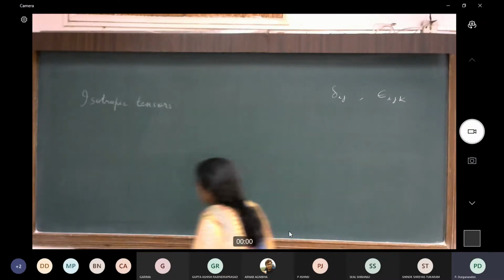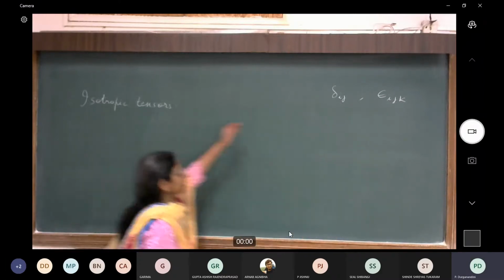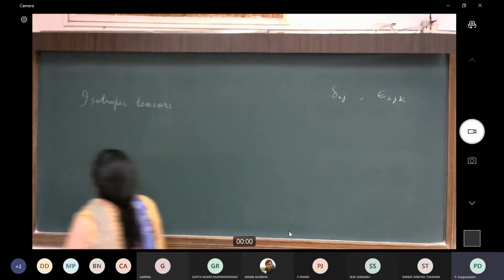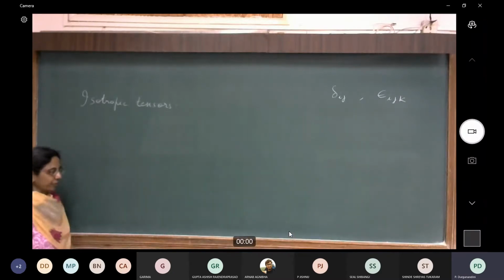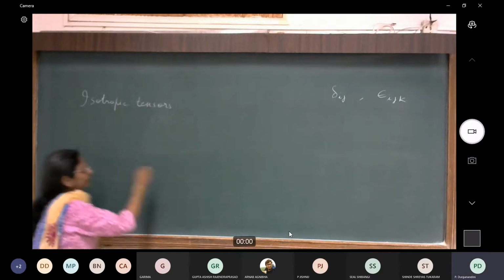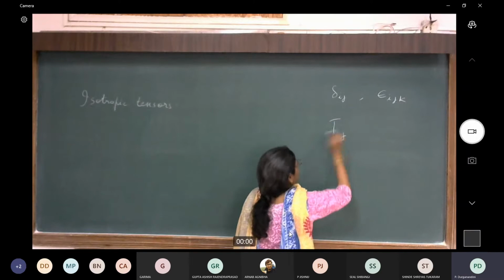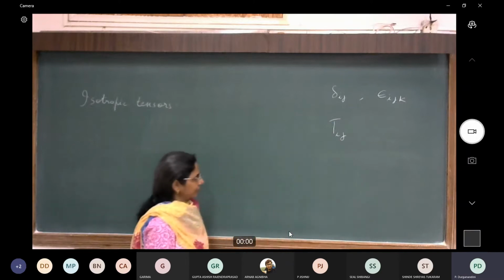Now, these are at least examples of two isotropic tensors. Now, I can ask the question: what is the most general isotropic second rank tensor? If it is a second rank tensor, then you know that it must have two indices or two subscripts. So most generally, I can say it should be Tij.